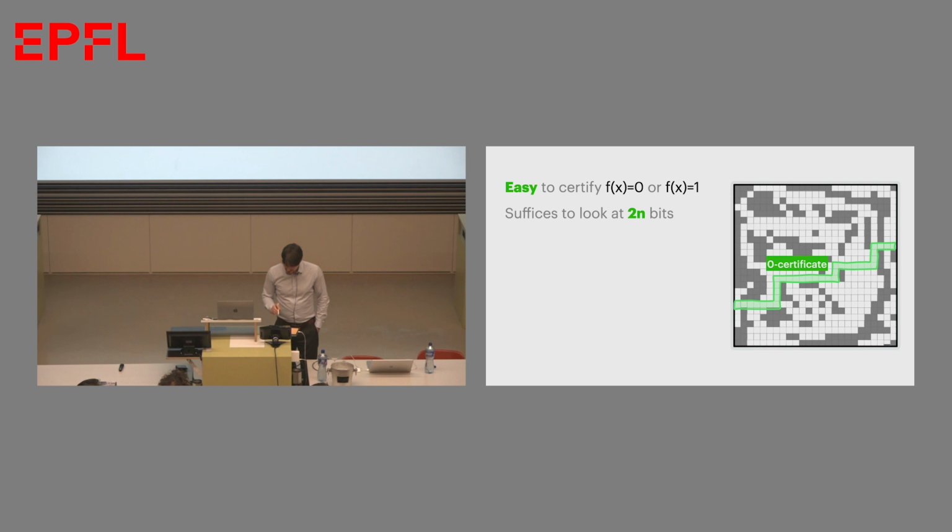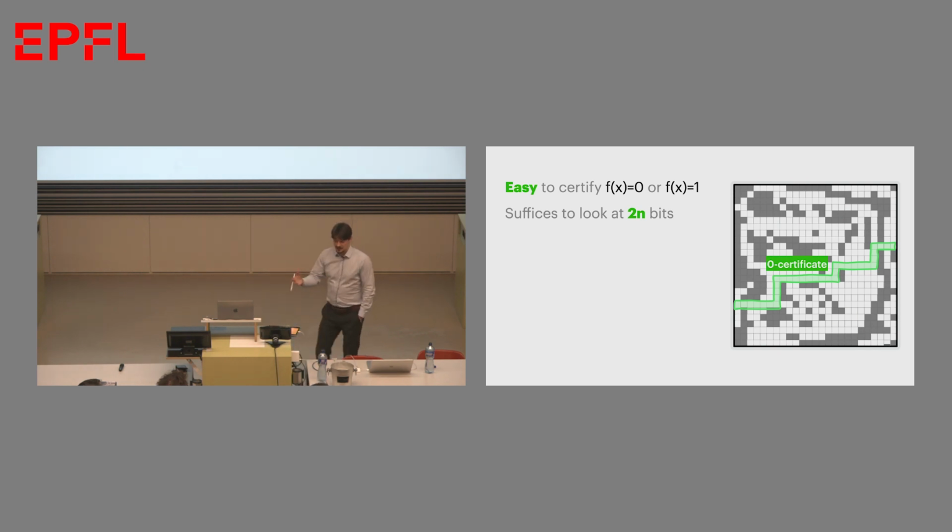If you magically knew where to look, you might read only linearly many bits, or 2n bits at most. In this example, all of these bits are 0, so they form this white path. I call it a 0 certificate for the function. If this pattern exists in the input, the function has to evaluate to 0, no matter what is written in the other bits of the matrix.